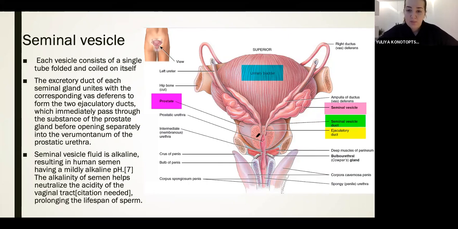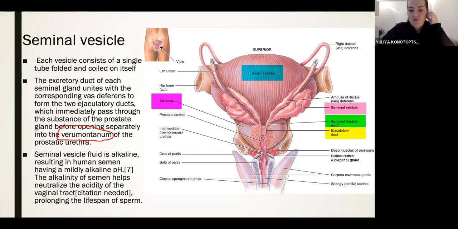But we need to talk about something that they might ask you in anatomy. There is something called the verumontanum, and the verumontanum is present in the prostatic urethra. When you open up the urethra, you will see two little bulges within the prostatic urethra.